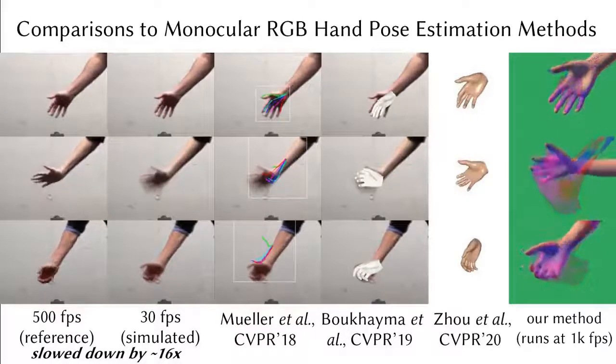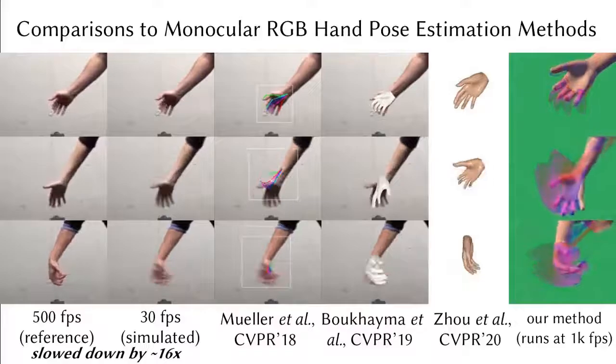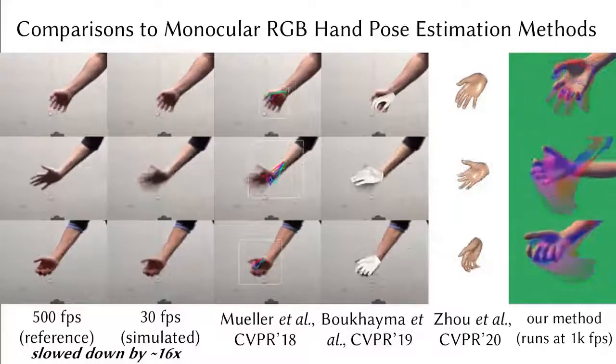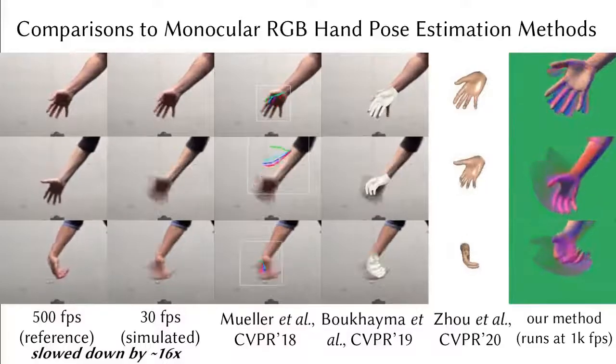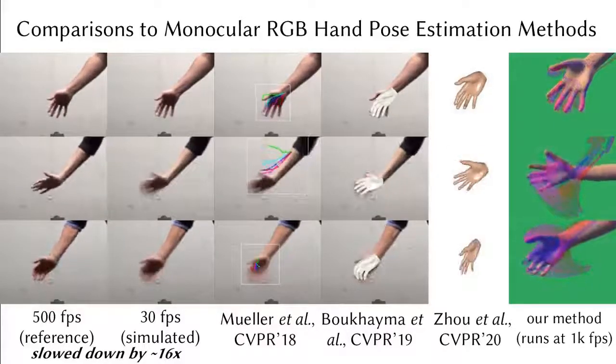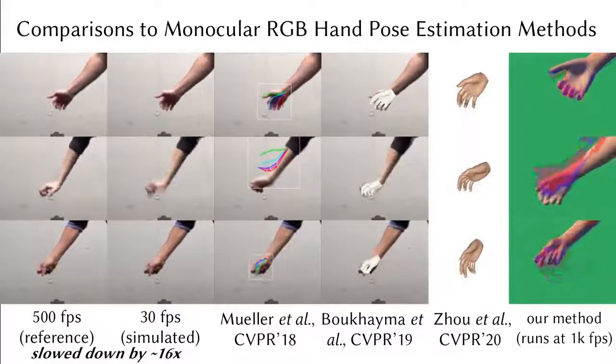Even in scenarios which fulfill the assumptions of the RGB methods well, the input images are often blurred due to fast hand motions, which causes erroneous and less accurate predictions. The method of Buchheimer et al. often defaults to the Mano mean pose when the input is too blurred. The method of Su et al. does not predict the global translation of the hand, which is important for fast motions.